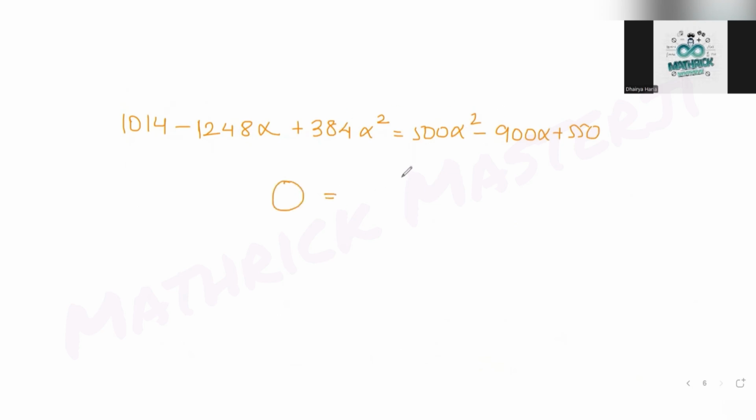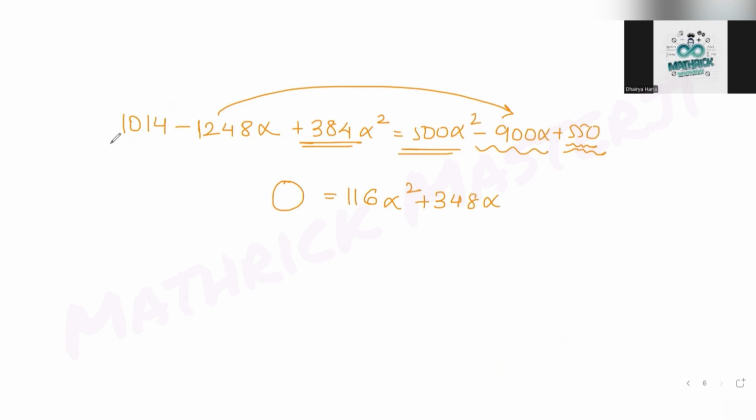So equal to 0. 500 minus 384, 116 alpha square, minus 900 plus 1248, so plus 348 alpha. 550 minus 1014. So 550 minus 1014 gives you minus 464 is equal to 0.